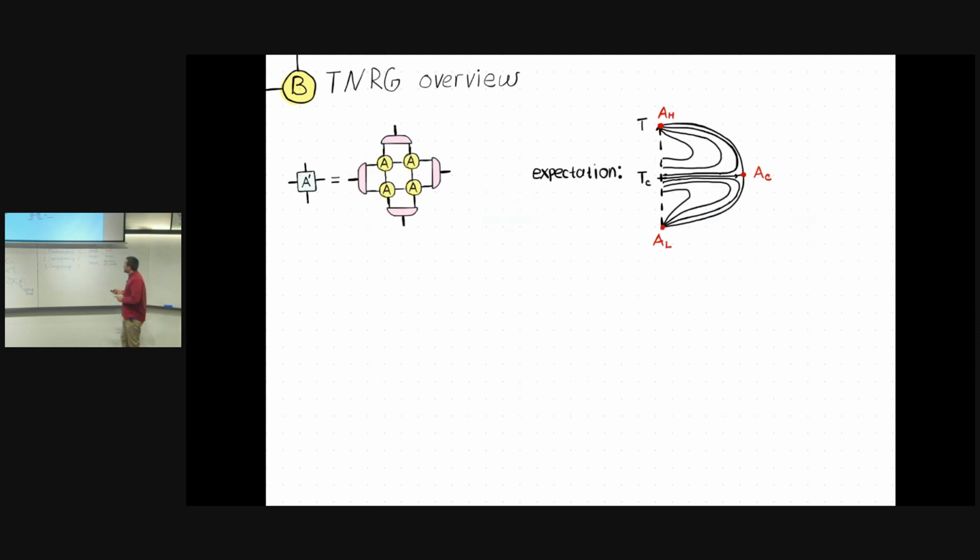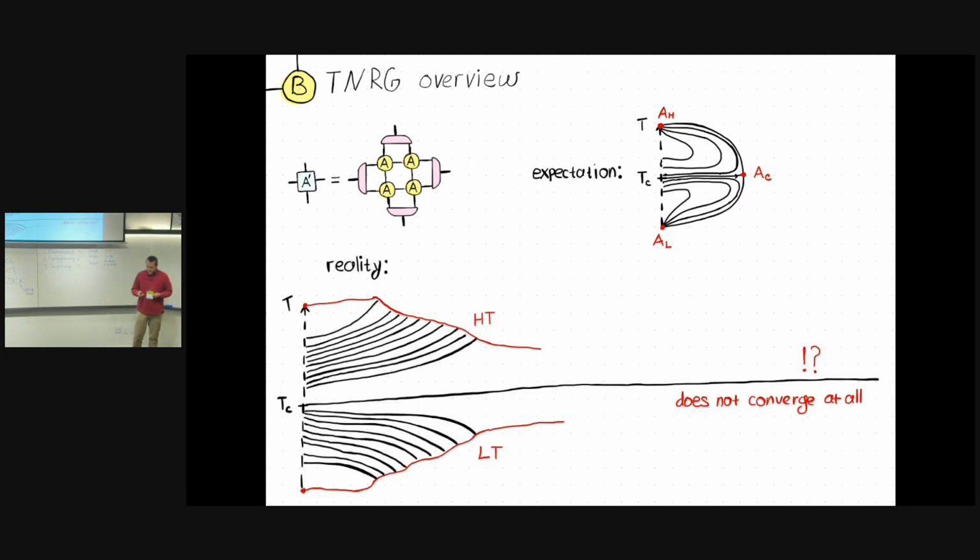The only problem with coarse graining is, well, what we would expect to see. For example, for Ising model, we expect that we have some Ising line here. We have critical temperature, and flow should look like this. It should flow to high temperature fixed point when we are above critical temperature, to low temperature fixed point when below, and so on. Well, if you just take coarse graining and you run RG on a computer, you will see something like this. It doesn't converge at all to the places we would like it to converge.